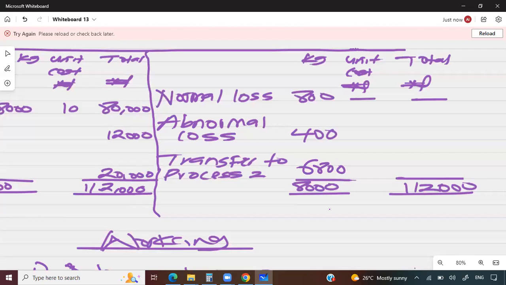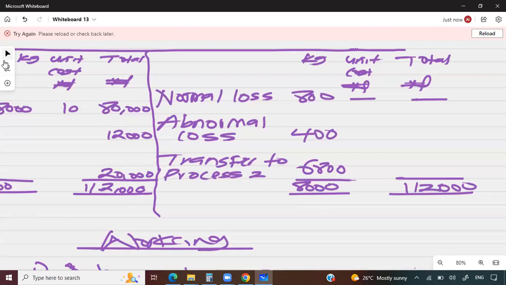All these normal and abnormal losses, we have to attach a value to it. It must not go scot-free. This abnormal loss is something we don't expect, so it has to be valued.